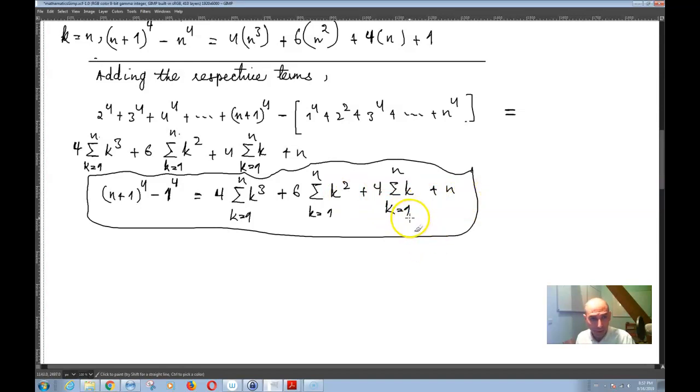Now, what we are looking for here is sigma k cube, right, as k goes from 1 to n.